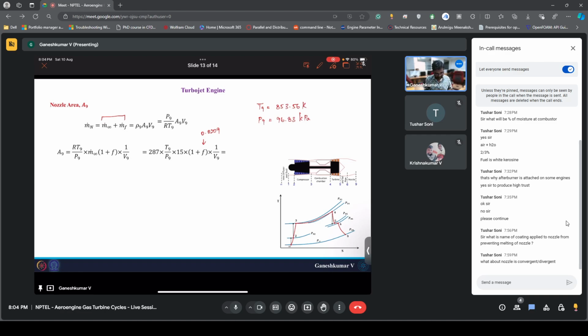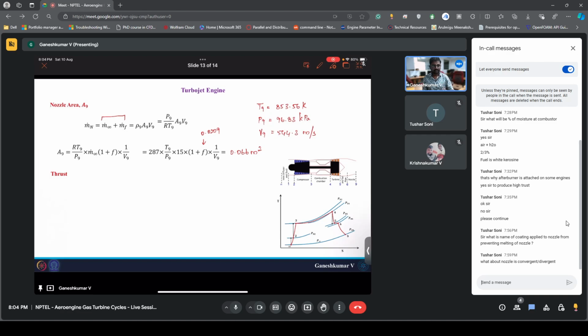V9 we found to be 544.3 meters per second. Once you substitute, you might get something like 0.066 square meters. This is the exit area of the nozzle.